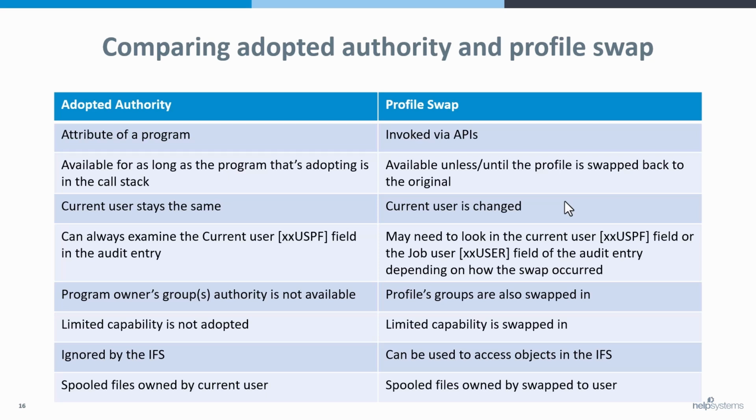So the original user that swapped will not have access to those spooled files without taking some extra steps in securing and allowing that type of access to the outqueues. So these are some considerations when you're looking at which method is the best method for the process that you're trying to invoke.